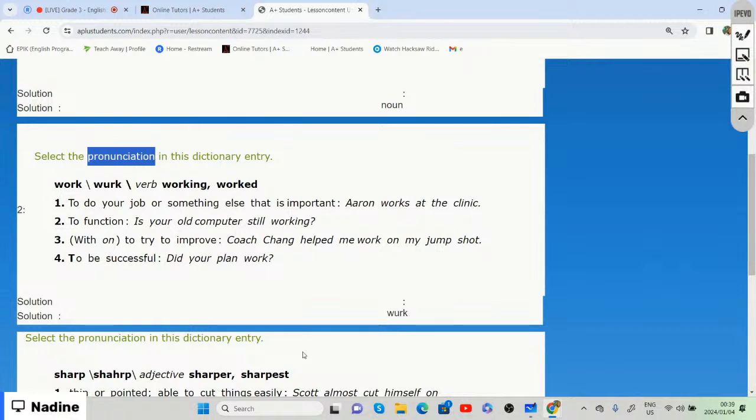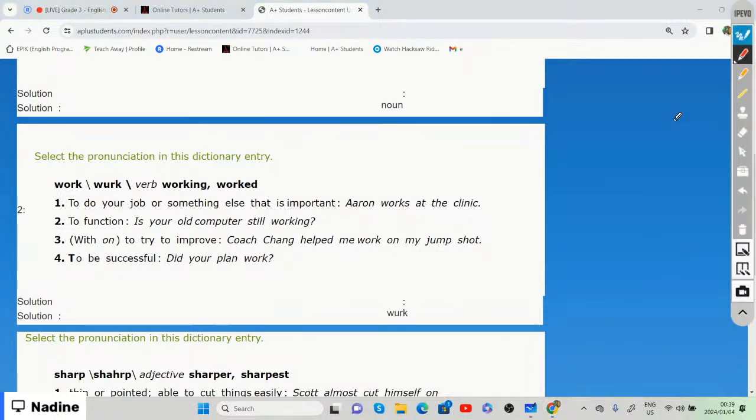All right, so if we look at the pronunciation of the word, then we say this word over here, which is W U R K. That is the pronunciation of the word. And the pronunciation of the word, it basically tells you how you say the word, right?